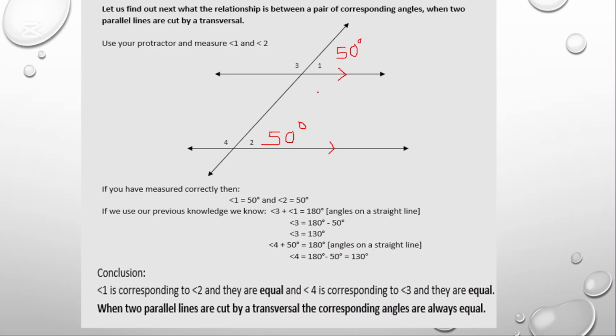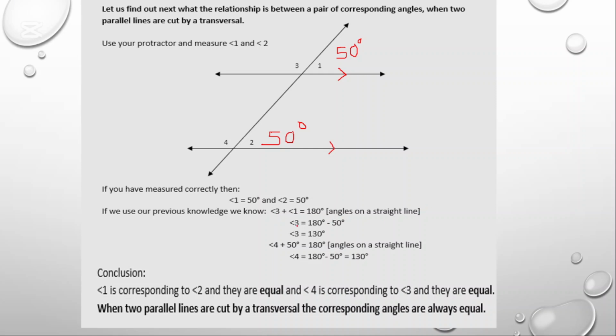Now, from our previous work, you know that angles on a straight line add up to 180. So if angle 1 is equal to 50, then angle 3 must be, and we have it over here. If we use our previous knowledge, we know that angle 3 and angle 1 is equal to 180, angles on a straight line.